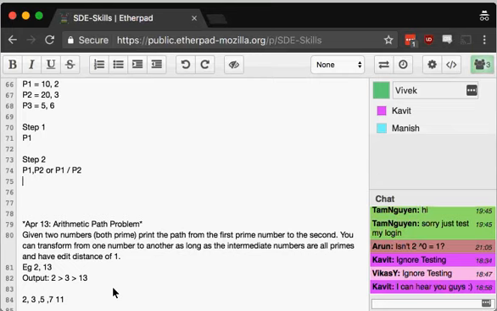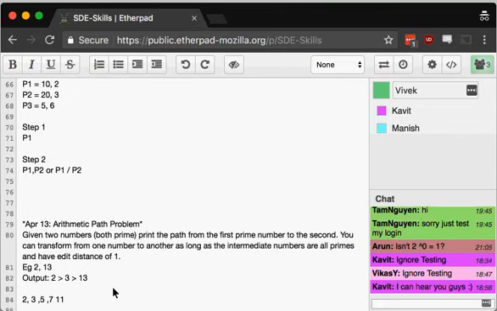I took the pairs 2 and 3, 2 and 5, 2 and 7, and calculated the edit distance by converting them to strings and recursively calculating whether they could be formed by adding a letter, removing a letter, or replacing one. So I got an edit distance of 1 for 2,3, for 2,5 and for 2,7.